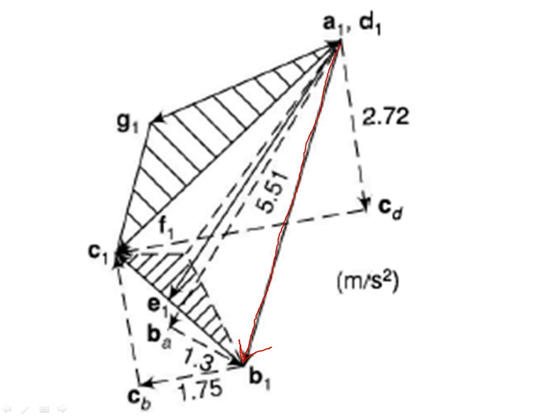So first start from A1 to BA like this, then from BA take 1.3, and then final A1 to B1, if you join a straight line you will get A1 B1.